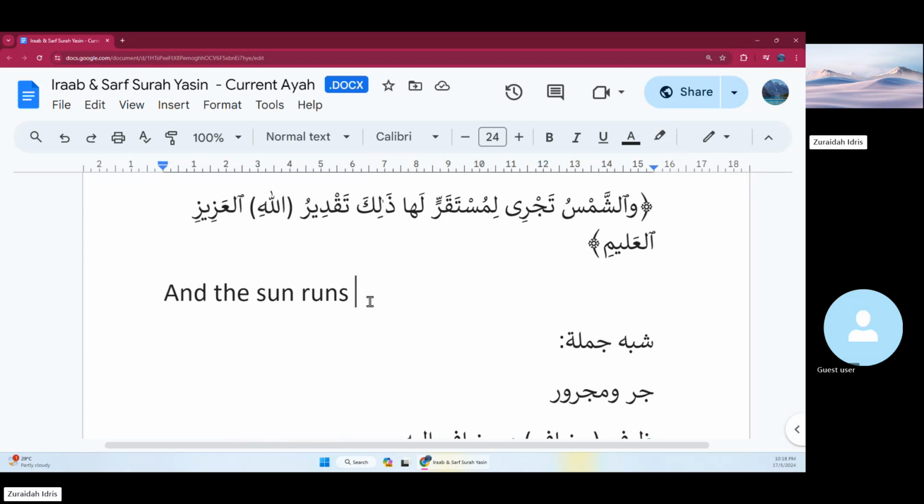And the sun runs on its course. On its fixed. Mustaqar is to be always there on that path. It doesn't go anywhere. I mean, if the sun started to move in a different way, then we know it's almost the end of the world.